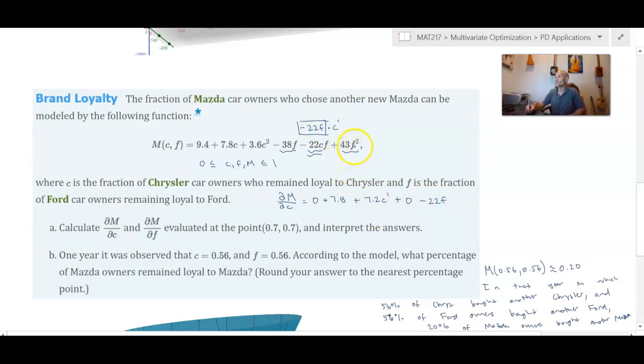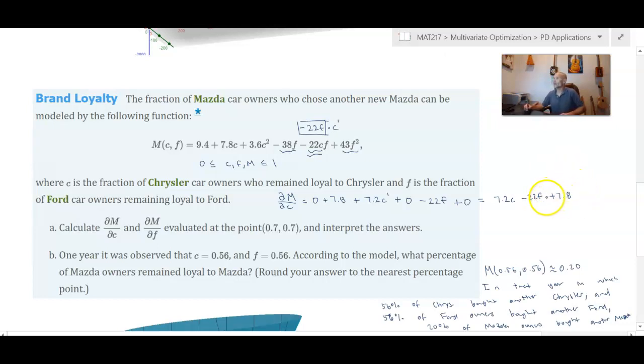Then plus the derivative of something that depends only on F, which is 0. If we simplify a little, we get 7.2c minus 22f plus 7.8.